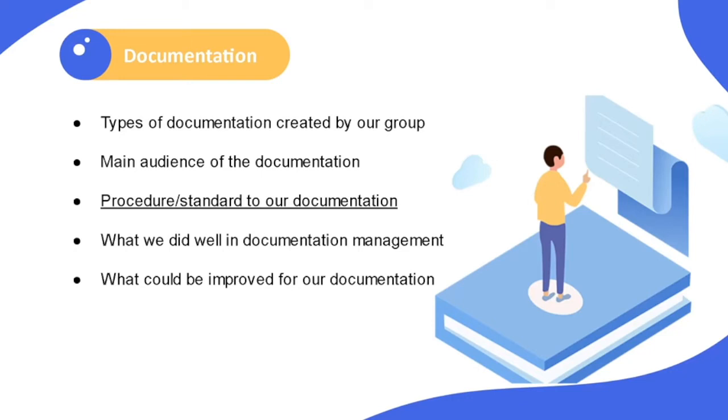We did not have standards for other documents because, as a small project, having standards on every type of document would add overhead to our project. What's more, as the Agile Manifesto stated, working software over comprehensive documentation. Thus, we decided not to impose standards on every type of documentation.